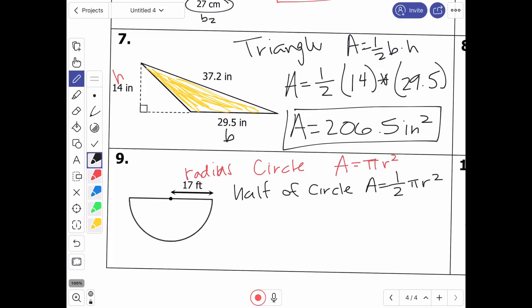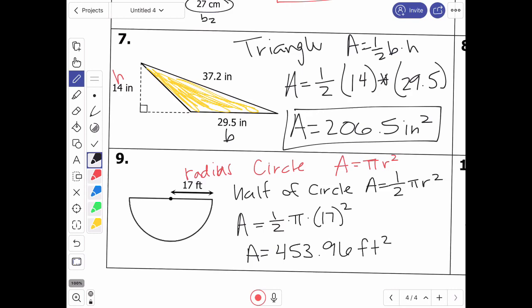Okay, because we're taking half of that area because I only have half of a circle. So I'm going to have pi, oh wait, I forgot the half. 1/2 times pi times r squared, which is 17 squared. Okay, I'm just going to multiply all those together, and I get 453.96 feet squared.